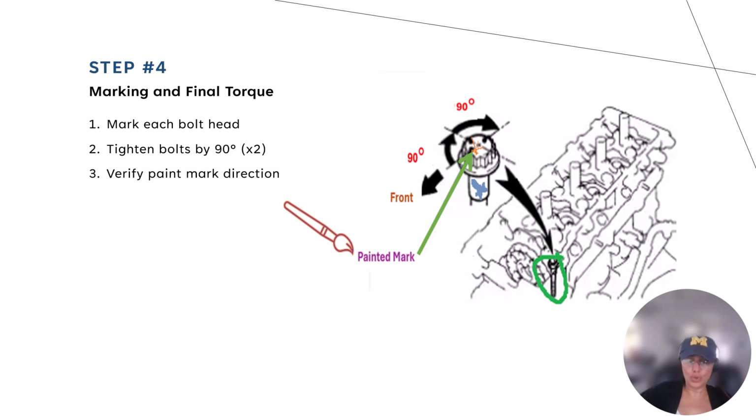After that, do another round of 90-degree turn for each bolt. And finally, check the painted marks are now facing the rear. That tells us that the bolts have been rotated a full 180 degrees as required.